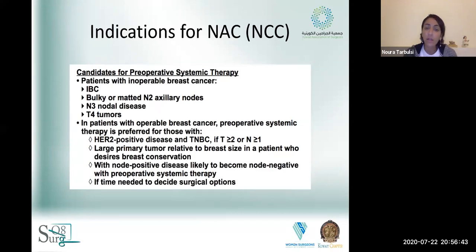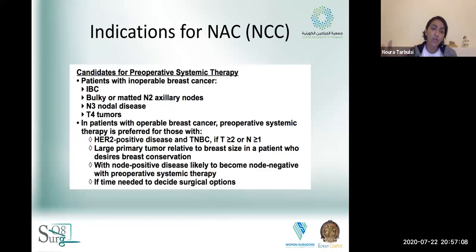If you have bulky or matted axillary lymph nodes, N3 disease, or T4 tumors. Or in patients with operable breast cancer, like the first category, the early breast cancer, sometimes we offer them neoadjuvant chemotherapy if they're HER2 positive or triple negative, T2 or more, or N1 or more.